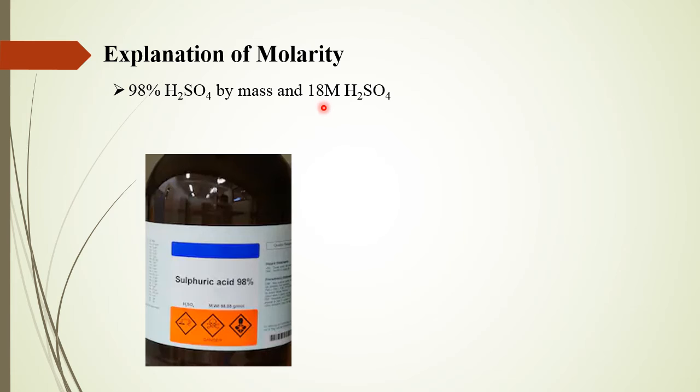It means that 18 moles of H2SO4 are present in each dm cube, or you can say that 1 dm cube of the H2SO4 solution contains 18 moles of the H2SO4. Now we will discuss one more example to explain the concept of molarity, that is 37% HCl by mass and 12.1 molar HCl.